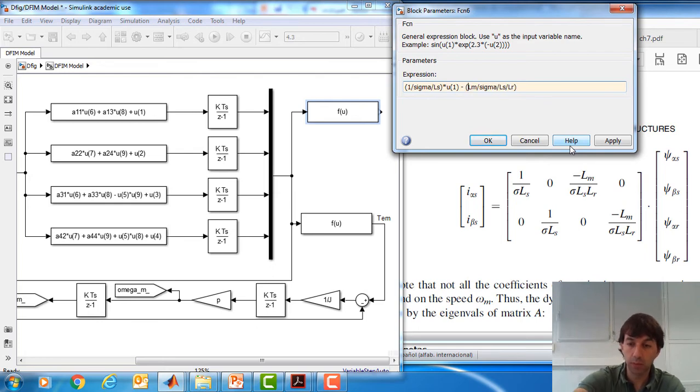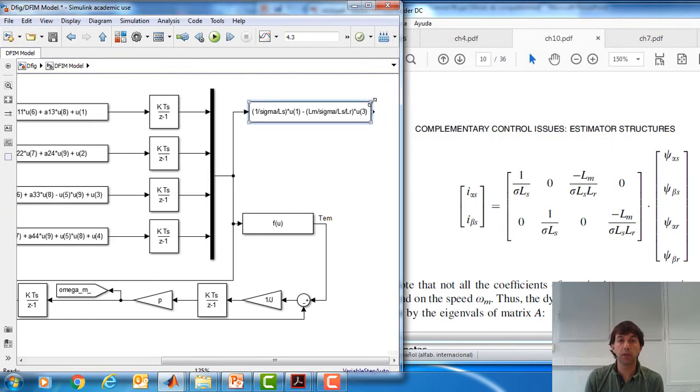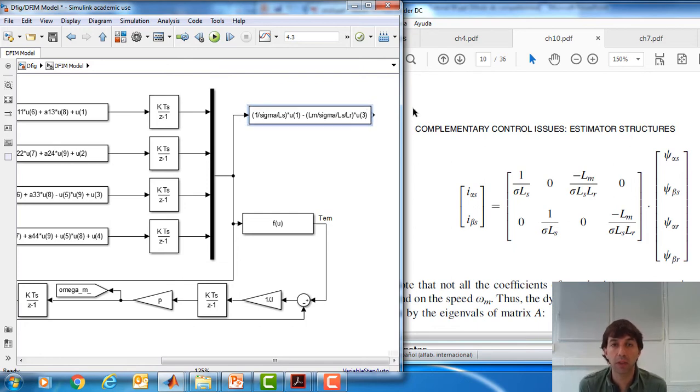And all this must be multiplied by u3, which is the alpha component of the rotor flux. We could do it something bigger. I think it's correct.